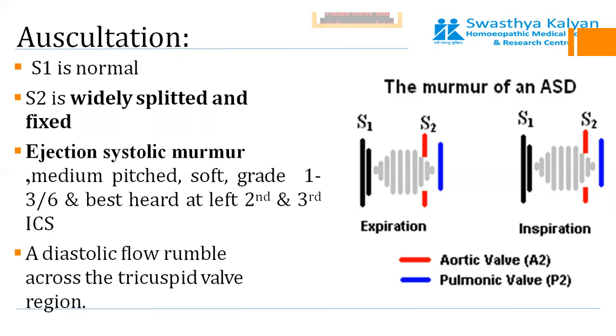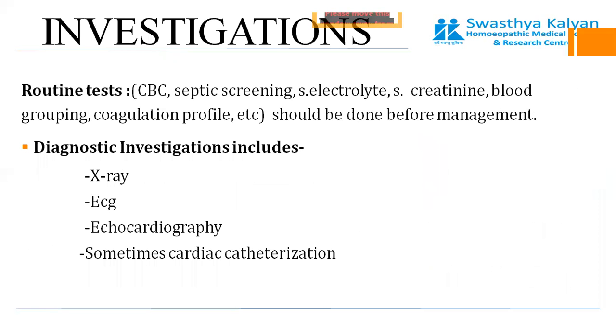Ejection systolic murmur is also heard, which is medium pitch, soft, grade 1 to 3, and best heard at the second and the third intercostal space. A diastolic flow rumble across the tricuspid valve region is also present, and we have seen the reasons why we have this ejection systolic murmur and diastolic flow rumble.